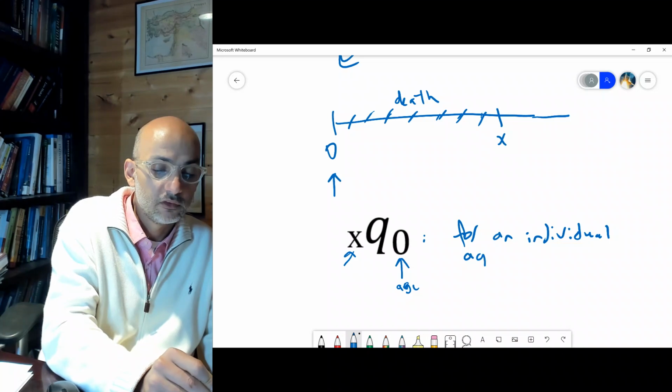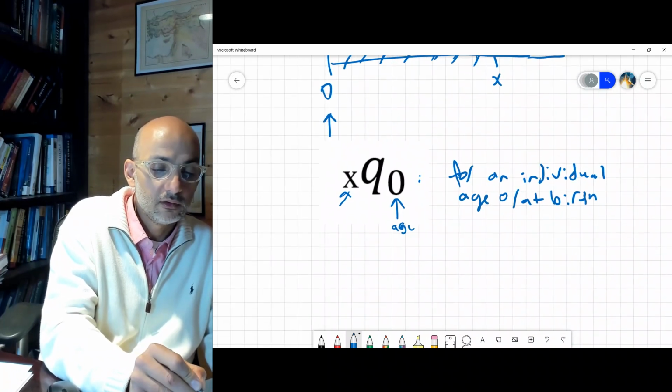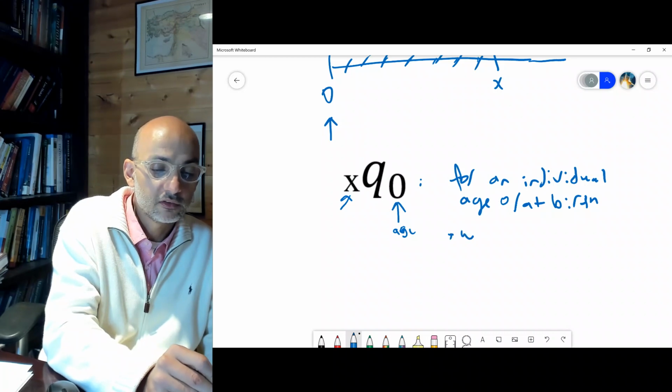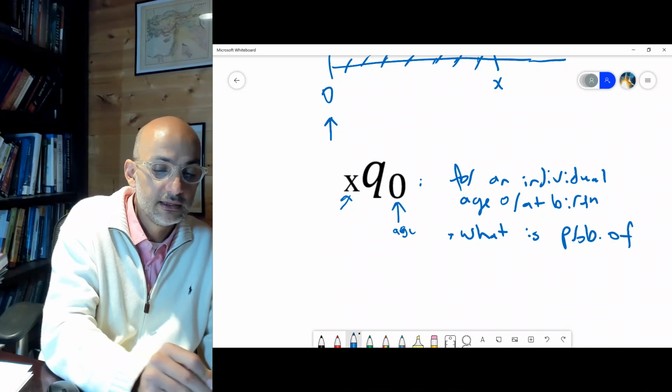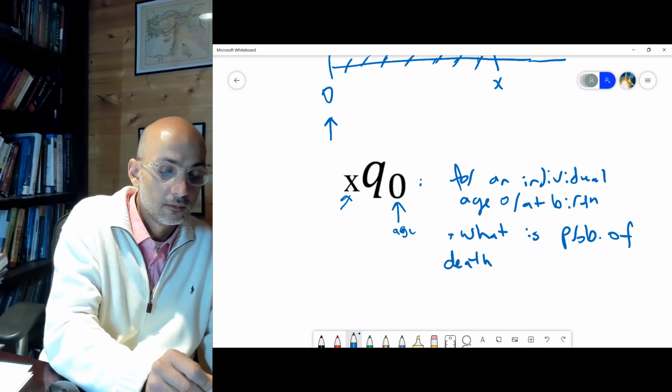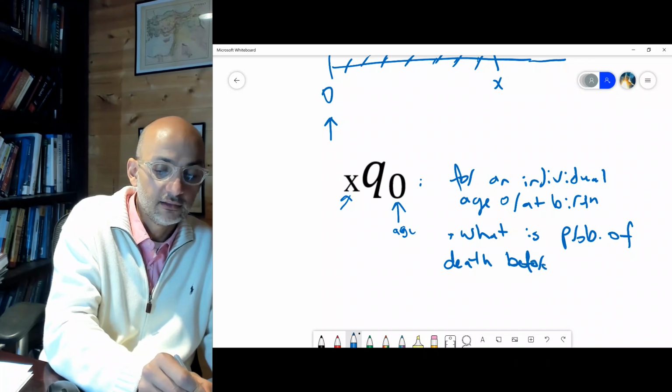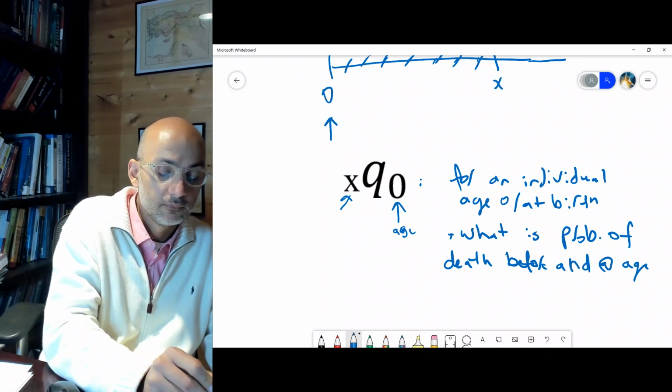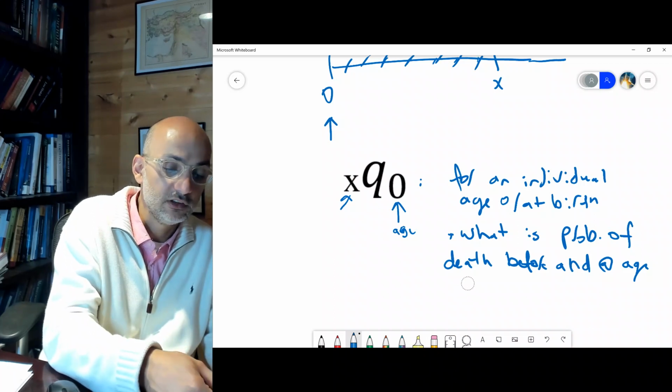So for an individual at age 0, or sometimes at birth, this tells us the probability of dying, or death, before or at age x.